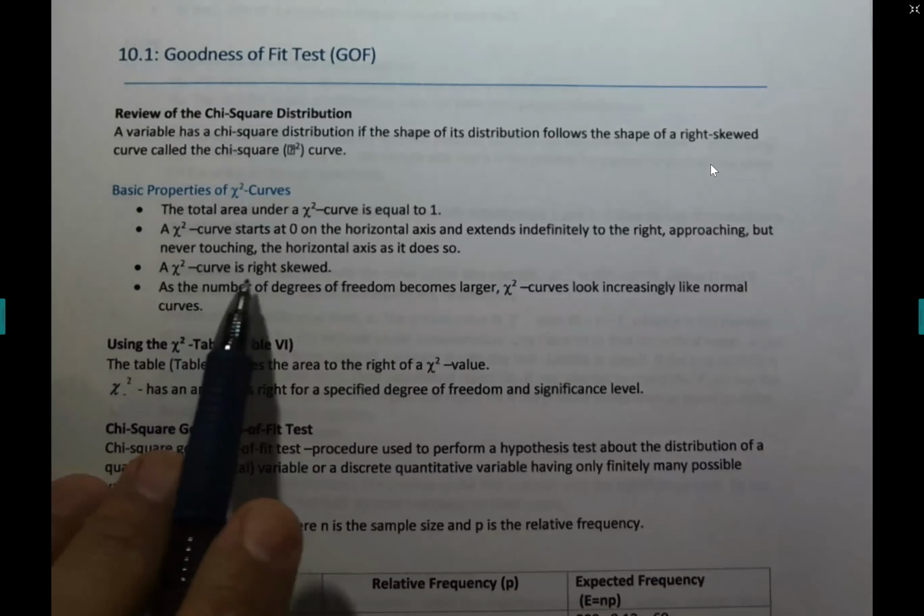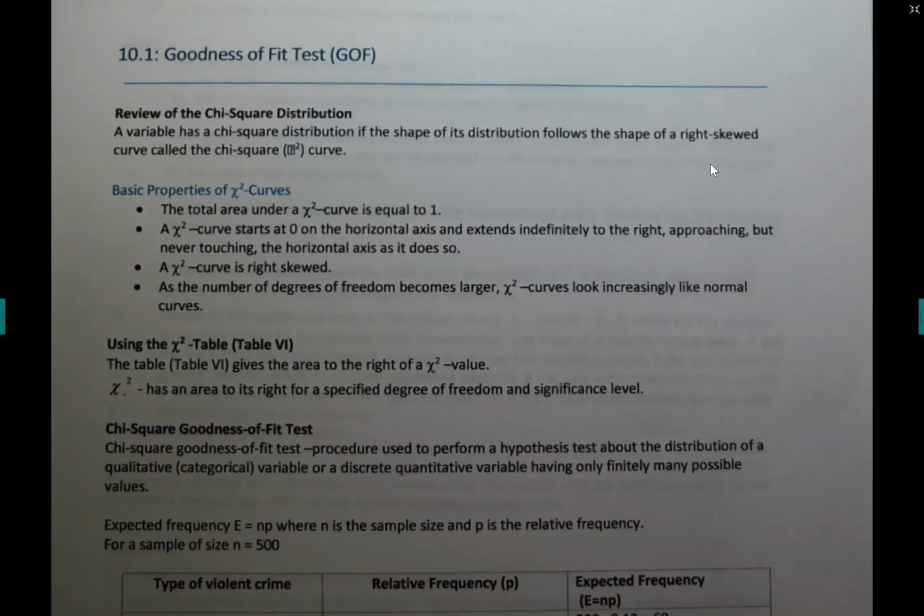The chi-square curve is right skewed, as I told you. As the number of degrees of freedom becomes larger, the chi-square curve tends to become like a bell-shaped curve. So if the degrees of freedom is, let's say, 30 or 35 or 40, the shape of the curve is going to become like a symmetric curve.